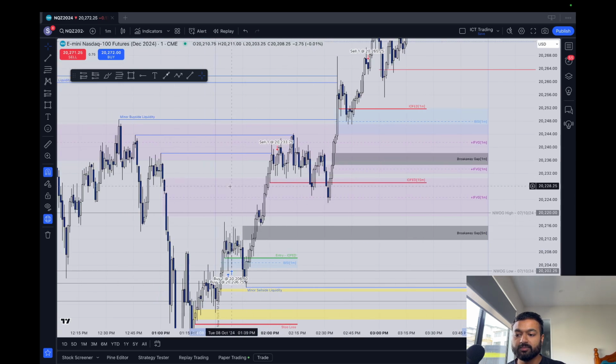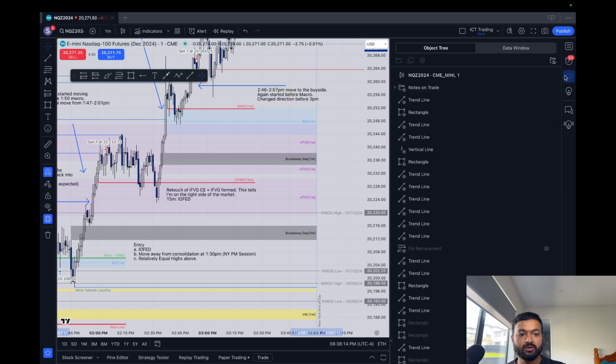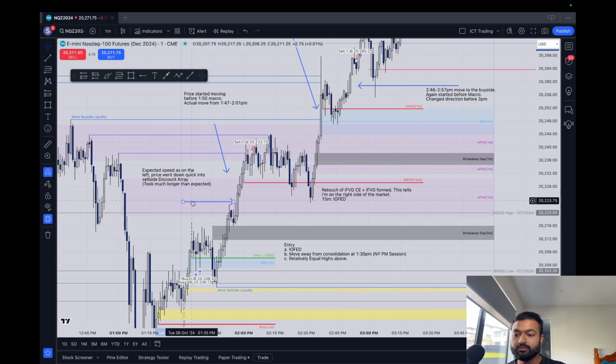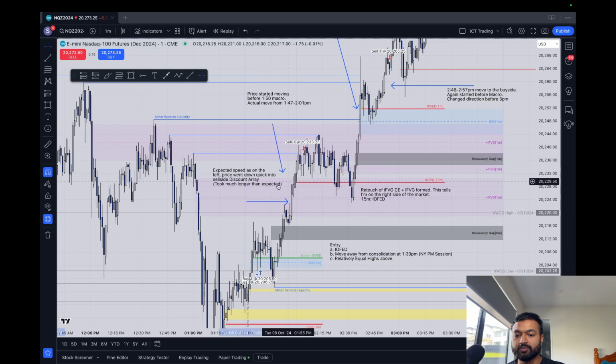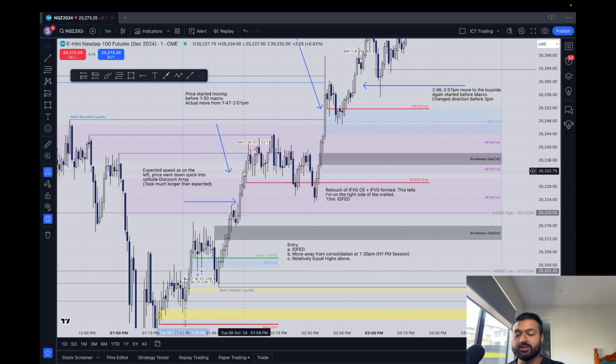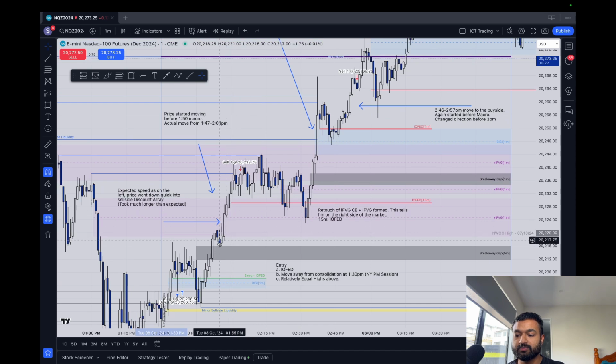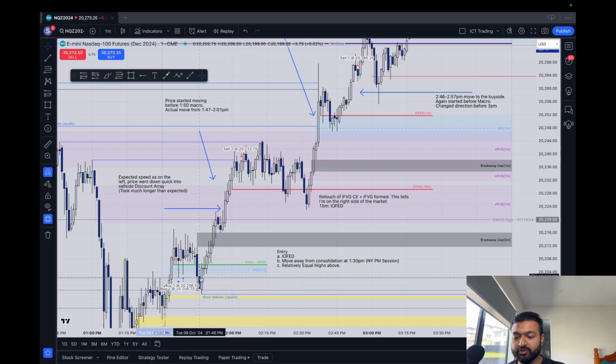So over here, I'll put my notes on. I expected a quick delivery from this breakaway gap to this high, because when you go down quickly, you also move up quickly. As you can see, straight up, straight down, exactly how it happened on the left of the chart. And then I also noticed that with the macro times, we usually start before the macro time.